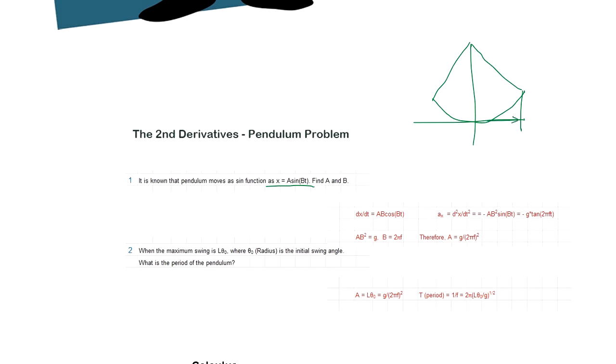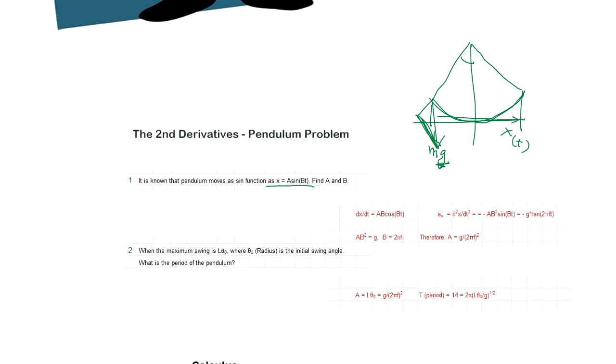This distance is x, a function of time, right? And the pendulum has mg, that's a force. The gravity g is the acceleration, and actually the acceleration is this component when the swing is not too big. It's almost parallel to this.